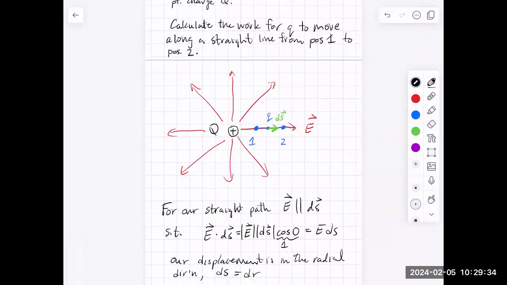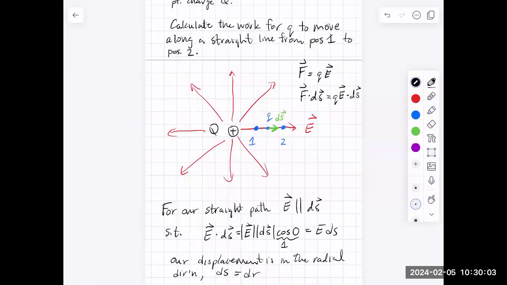So here, the force on Q is Q times E. Let me not change my notation; we'll just use F for the force. So F dot ds is the same thing as Q times E dot ds.